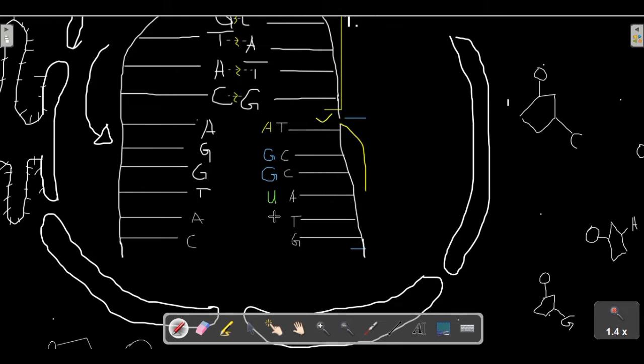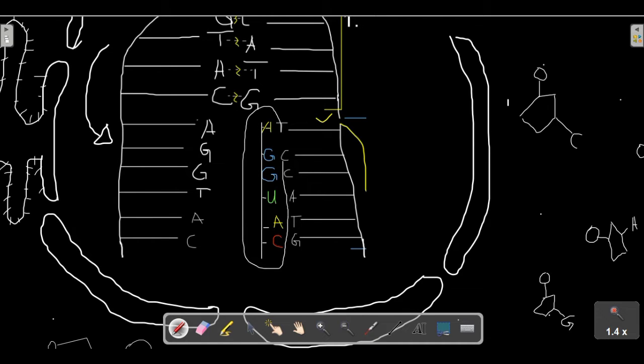Then an adenine again there, and then of course we have a cytosine. So this is our cytosine. In this way, we have created this strand, the mRNA strand. We have created the mRNA actually. So there we go. That is your mRNA, guys.